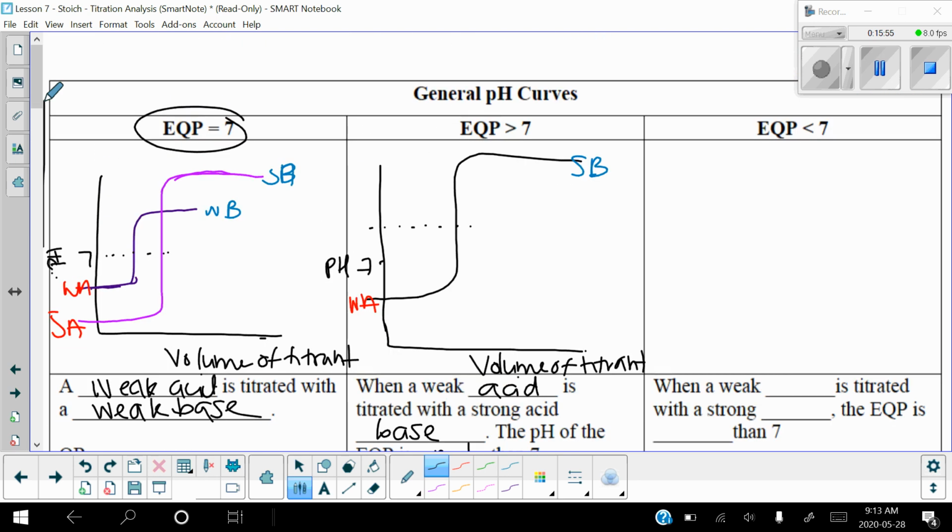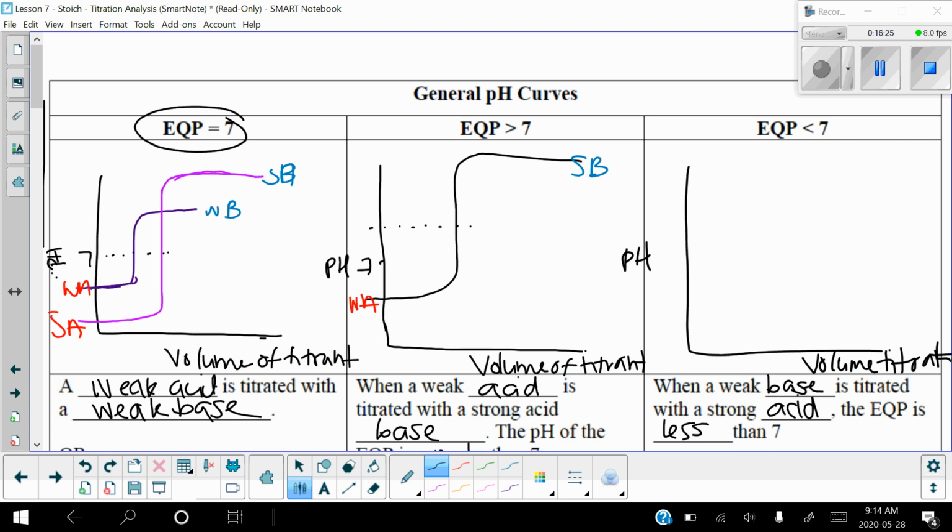Okay, let's go to the last scenario where we have a pH that's less than 7. This is when a weak base is titrated with a strong acid. It's going to have a pH of less than 7. So when drawing the curve, we're going to have our pH and the volume of titrant.